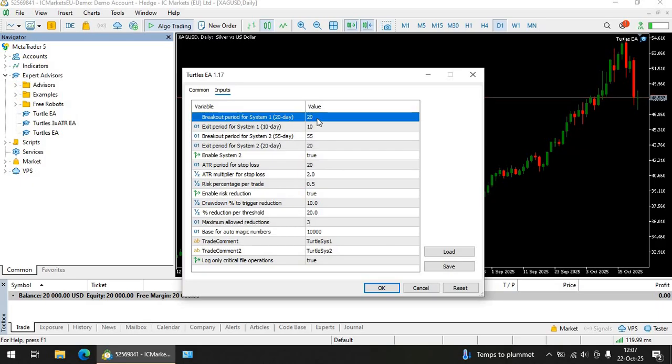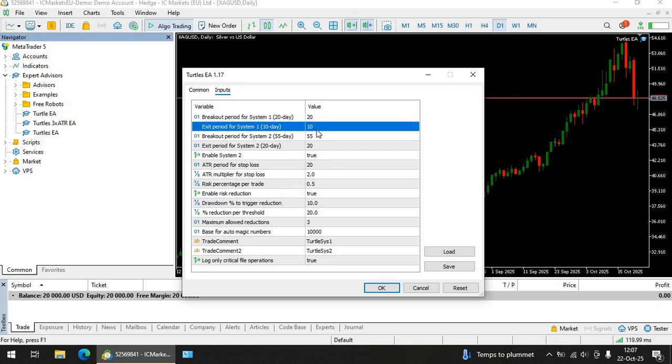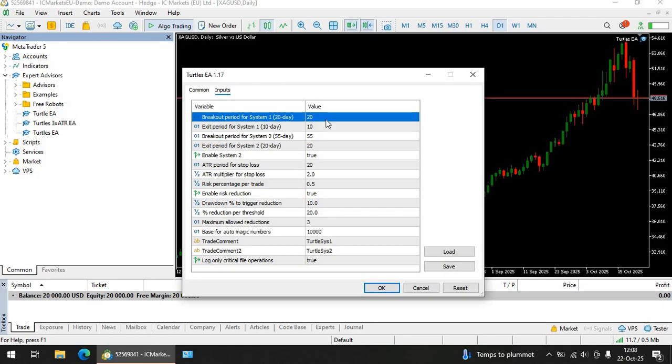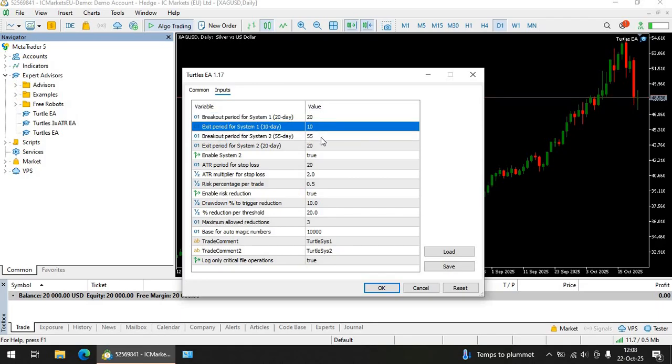System 1 uses by default 20 with 10, and System 2 uses 55 with 20, but I recommend you to do backtests for the instruments you trade, and based on backtests to choose the values for breakout and trail stop.